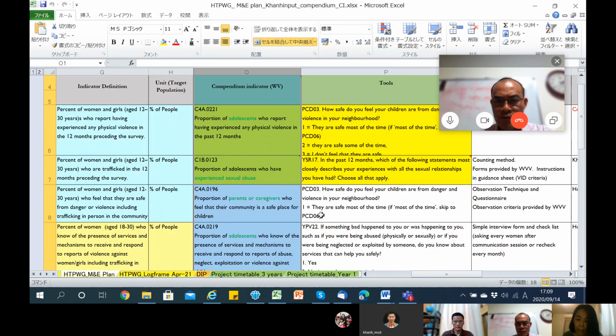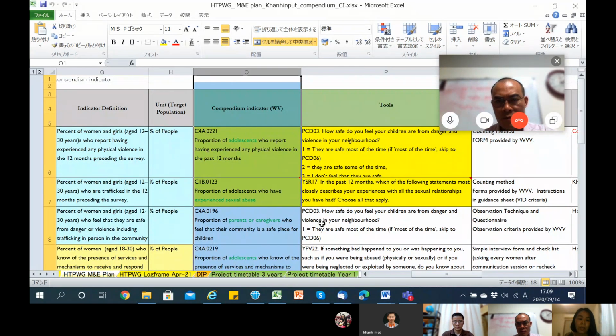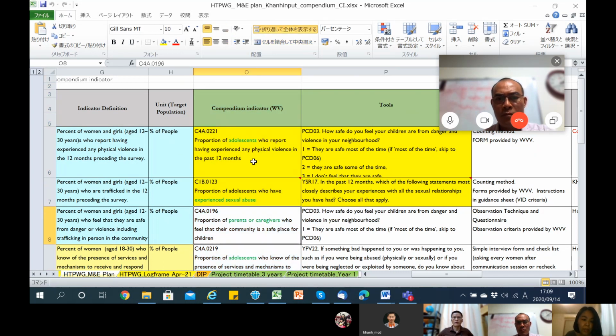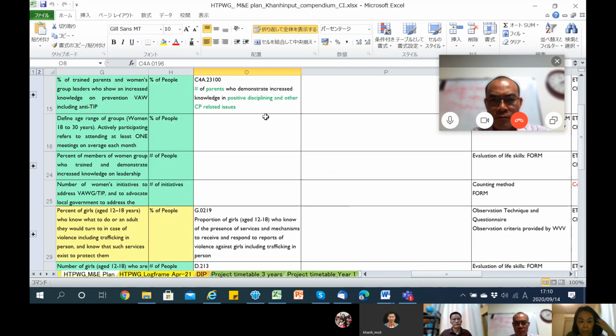We are going to send you the file, but right now I am working on the indicators and comparing which ones would be the same or which we can adapt from the compendium indicator. These are the indicators that we can borrow from the compendium indicator.